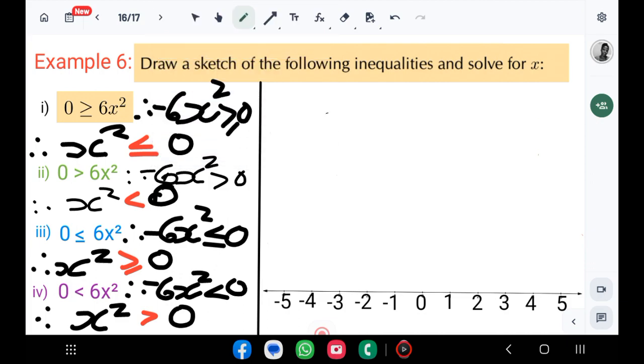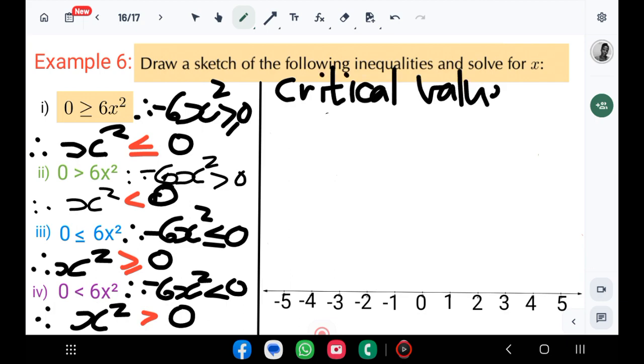Now the reason why I solved them all together like this is because the critical values are exactly the same. Critical values for all of these situations are exactly the same. Let's look at the critical values which apply to all of these. You start with x squared equals 0, therefore x equals 0.